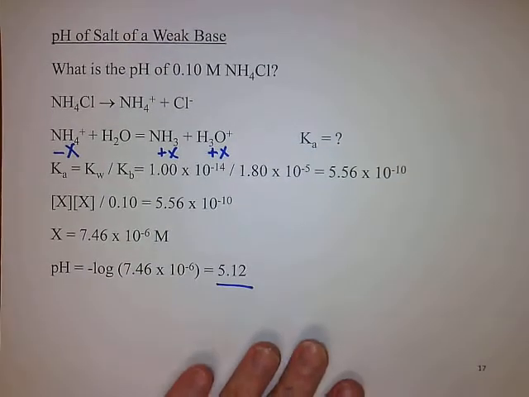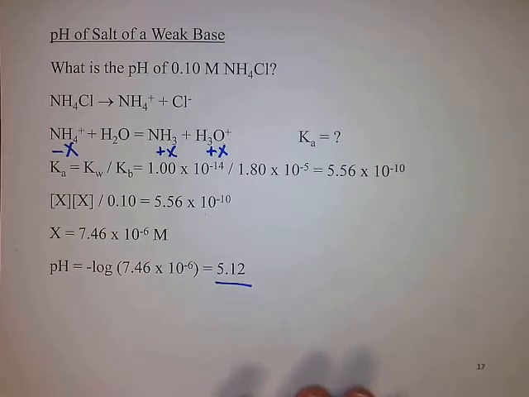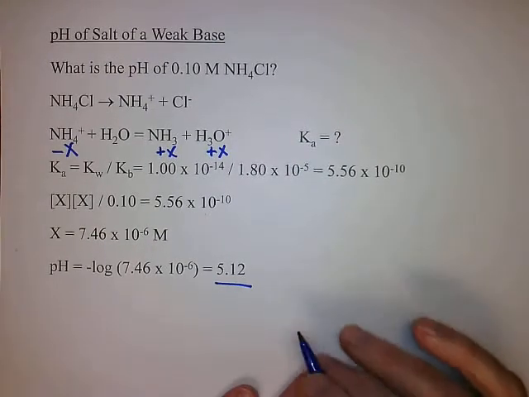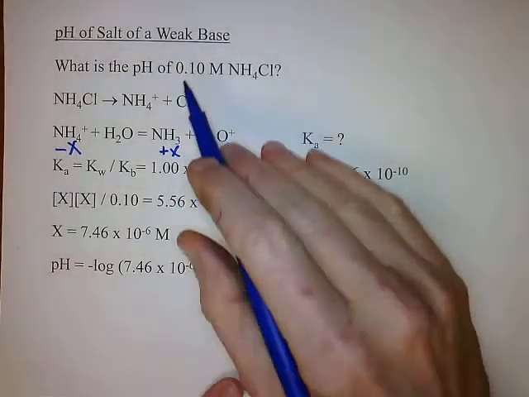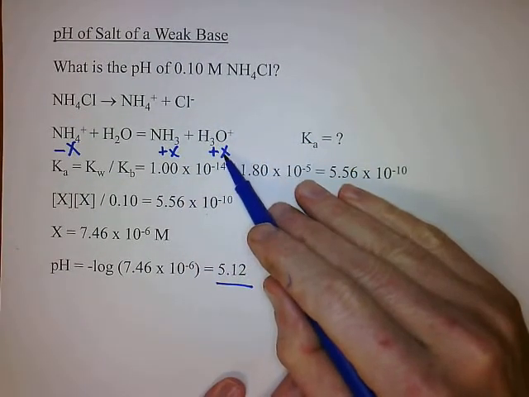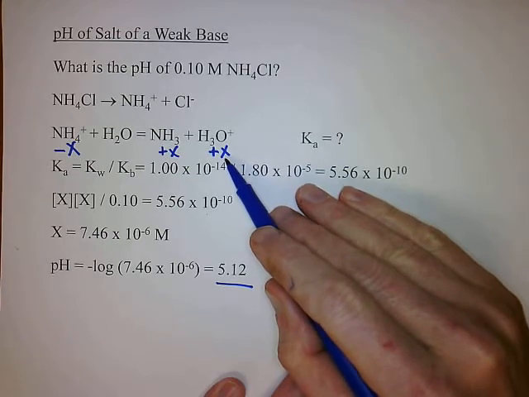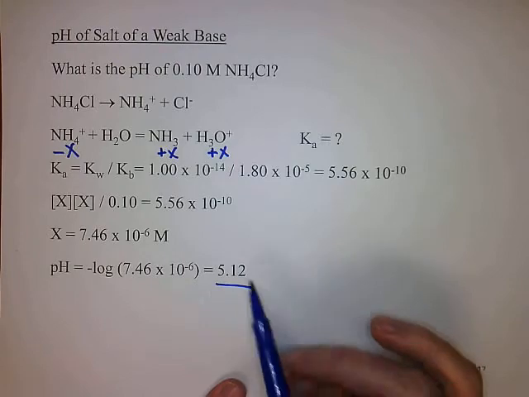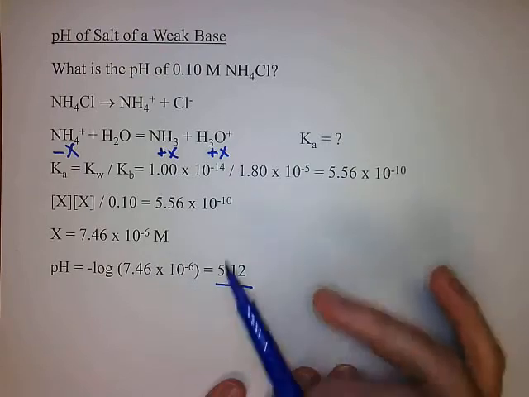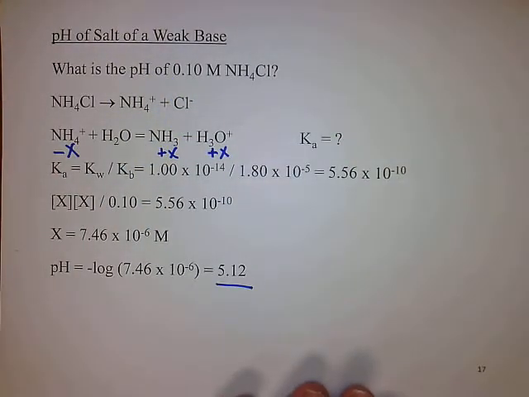And that's the answer. Now we don't subtract it from 14. Why? Because here X represents hydronium. So when we take the negative log of that, what we're solving for is the pH, which is what the problem is asking for.